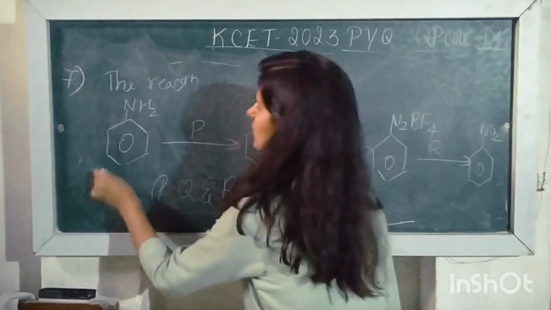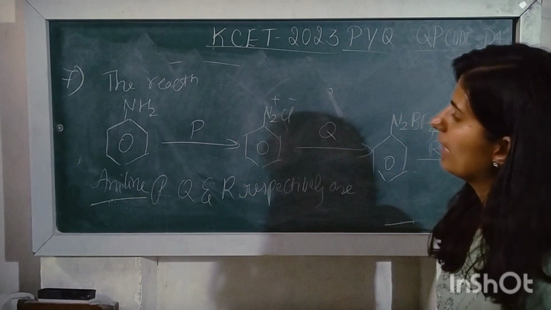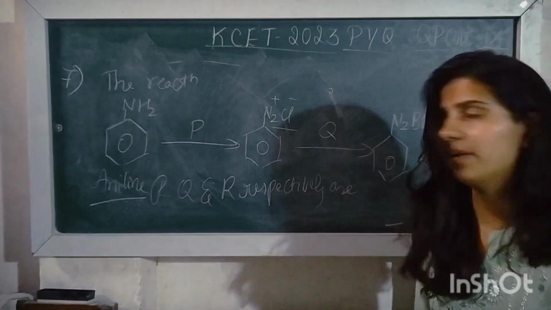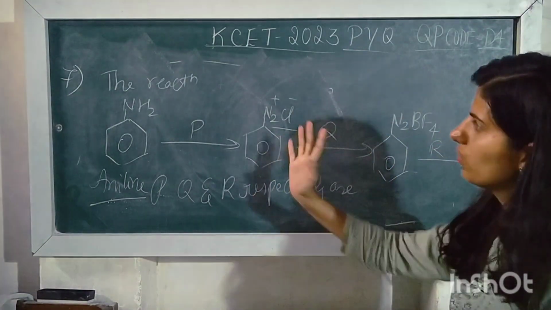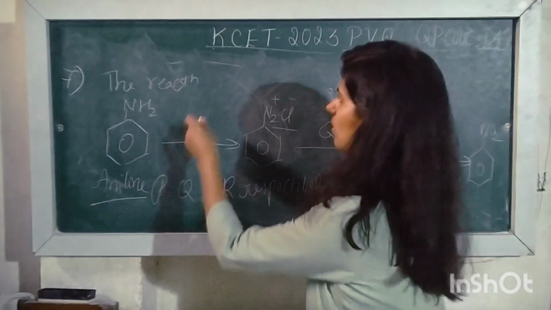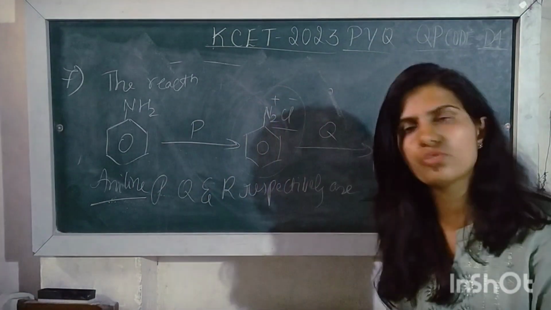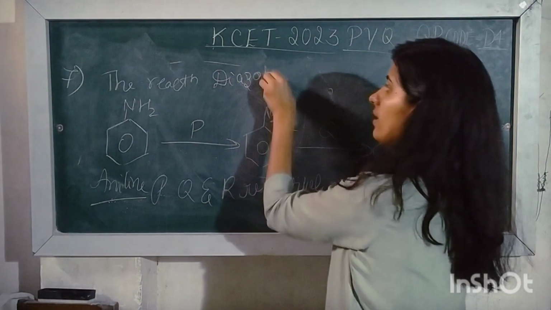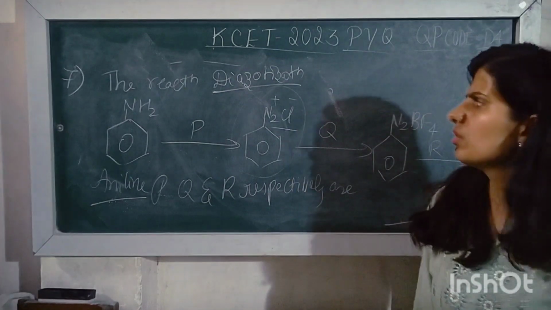What are P, Q, and R? What is this? This is the aniline, right? Aniline is getting converted into benzene diazonium chloride, right? Here, what is undergoing? Obviously, diazo compound is got, so it is undergoing diazotization reaction. And what is the reagent we usually use here?